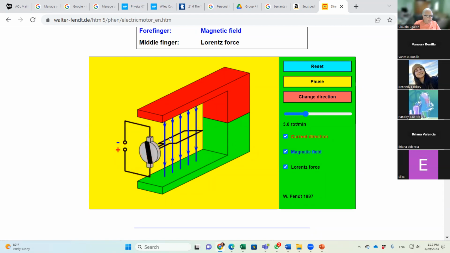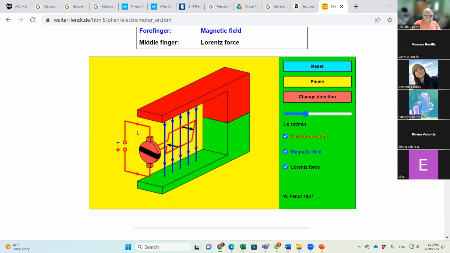Do you see that? At this moment, the current is to the right, and now it becomes to the left. This current here is right now to the left, but when it reaches torque equal to 0, the current inverts to the right.